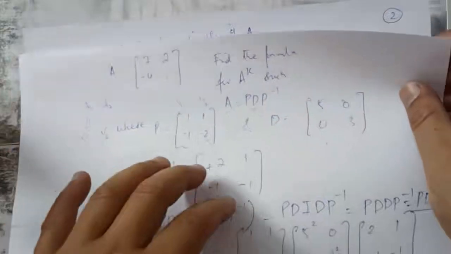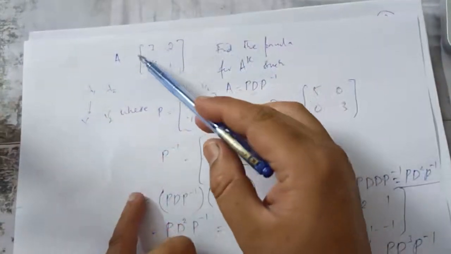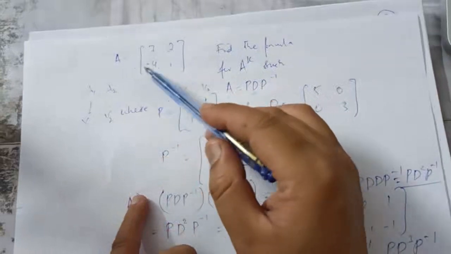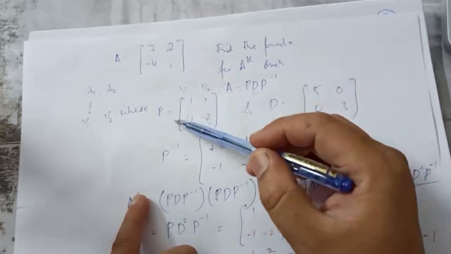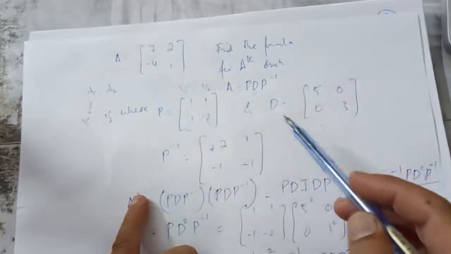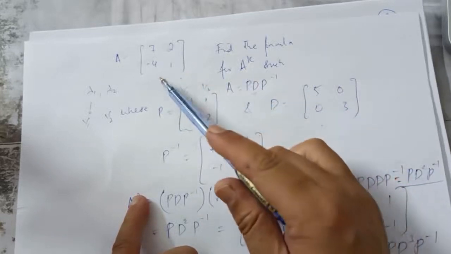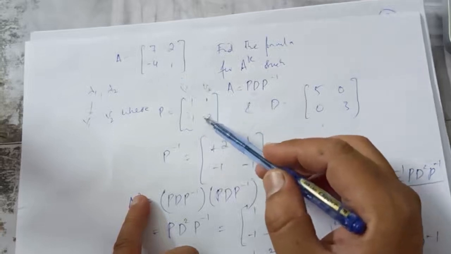Coming back to the example here, if A is that matrix, and A is similar to D, then the P matrix will contain the eigenvectors of A, v1 and v2, and they must span R^n.